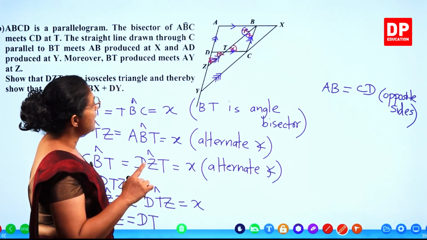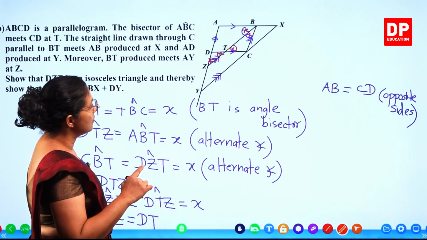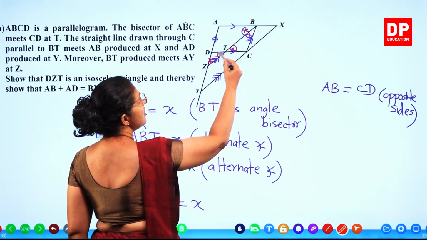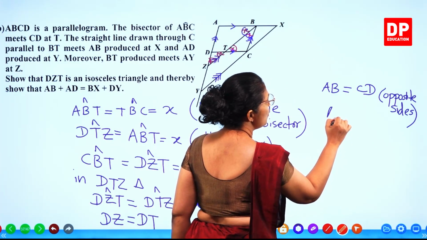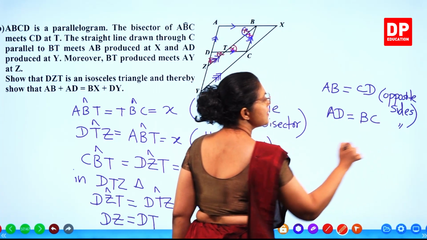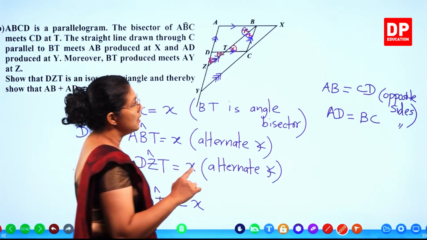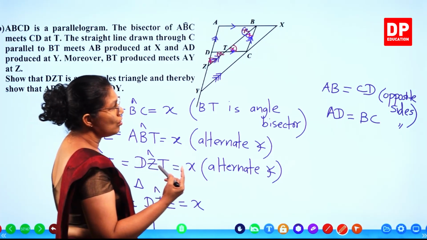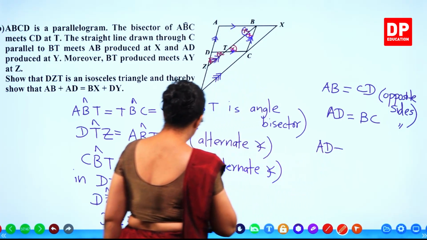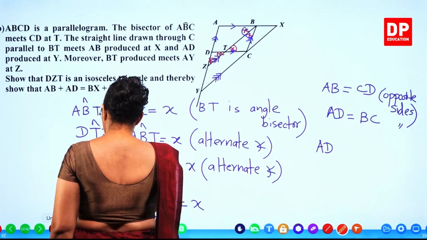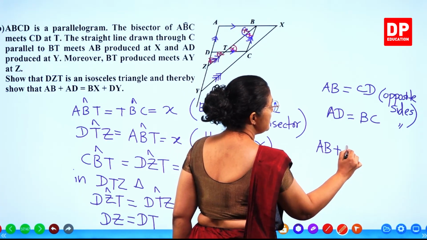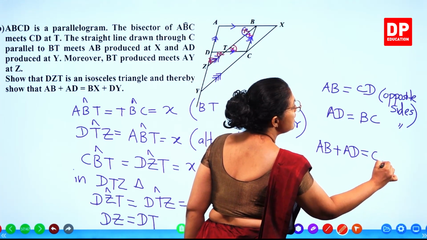Now we need AD as well. AD is equal to BC. BC is also the same reason. Opposite sides of a parallelogram are equal. So we'll add it because we need to add these two. So what happens here? AB plus AD is equal to CD plus BC.